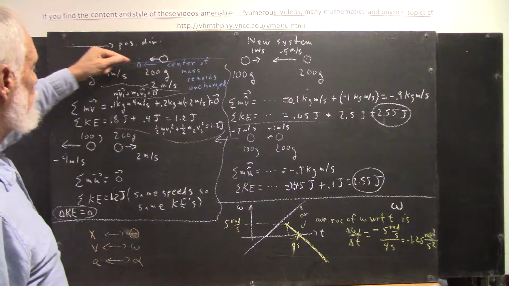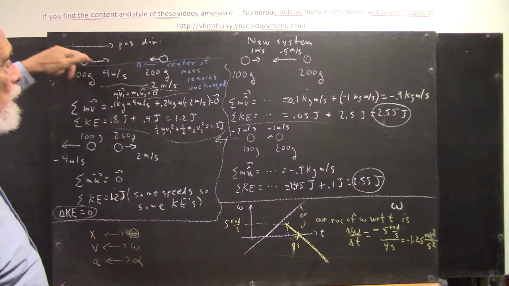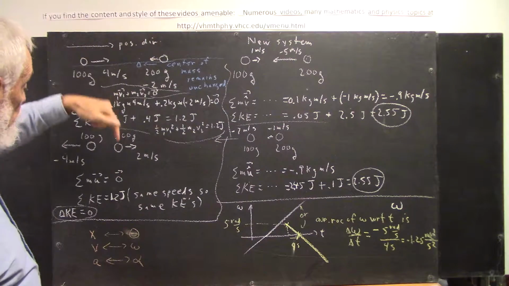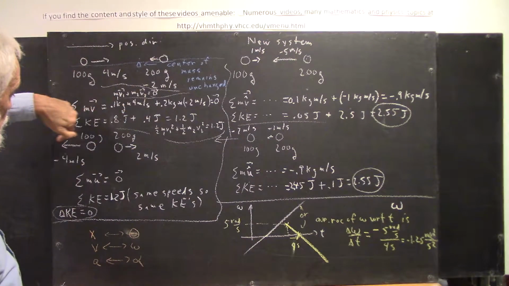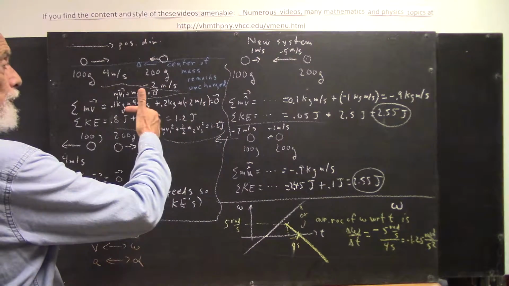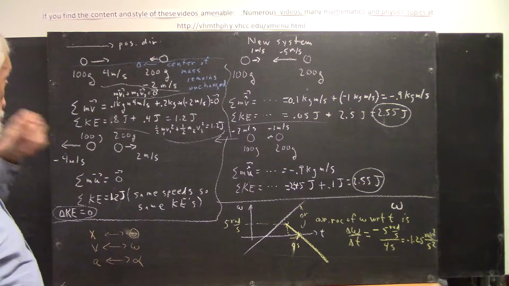The velocity of this one before collision is going to be equal and opposite to its velocity after collision. It's moving 4 meters per second here. After collision, it's moving at 4 meters per second in this direction. This one's moving at 2 meters per second in this direction. After collision, it'll be moving at 2 meters per second in this direction.